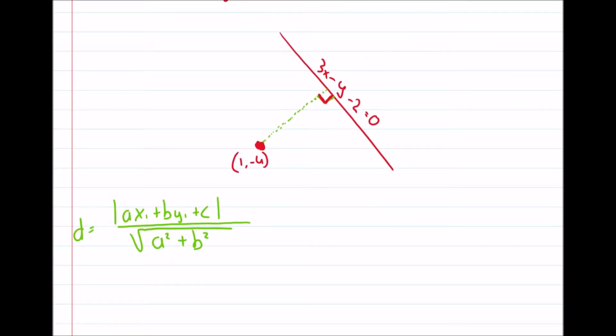How we do it is we have this formula. This formula is taken directly from our logbook, so we don't need to learn it. We do know how to slot the numbers into it.